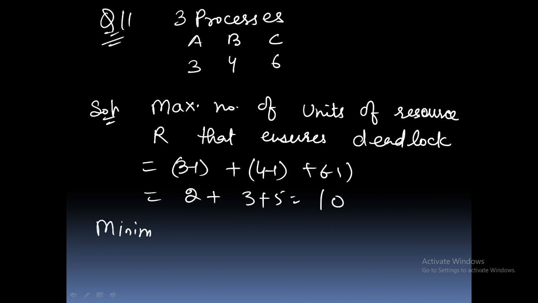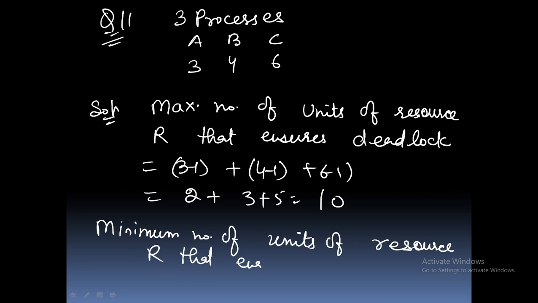Now the minimum number of units of resource that ensures no deadlock will be calculated by 10 plus 1, that is 11. 11 is the number of units that will ensure no deadlock.